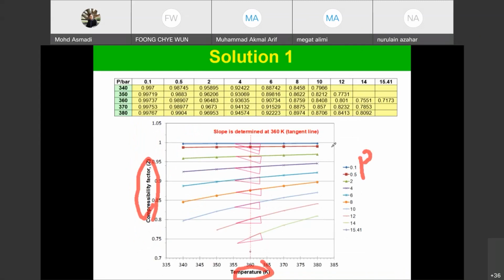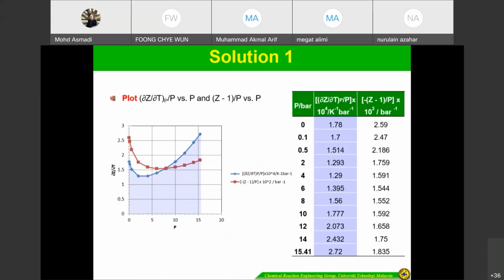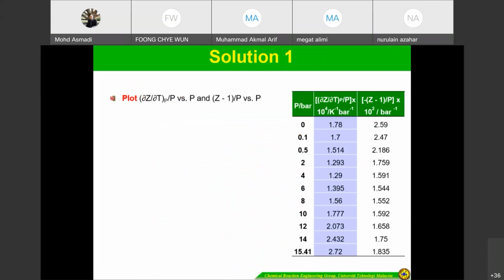Starting from 0.1 until 15.41, and then you have to find the tangent line at 360. The tangent line, this is in the middle. If you look at here, we consider this as the center. Just find the tangent lines, per step, and then you have to calculate the area. That's why I told you it's quite tedious, because from the tangent line you can get the slope.